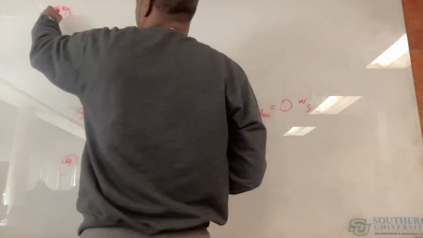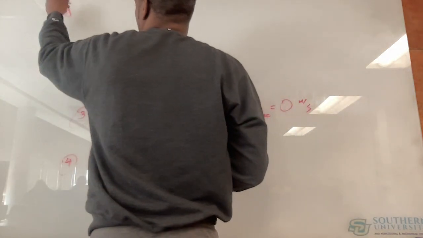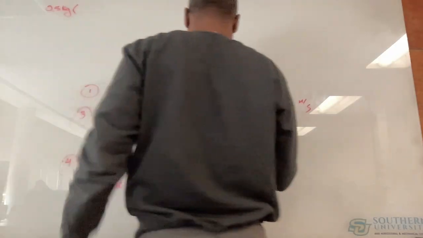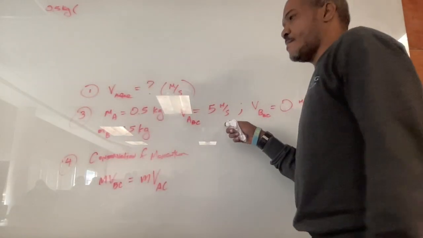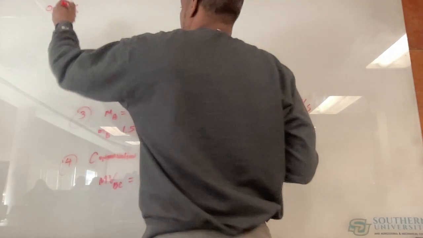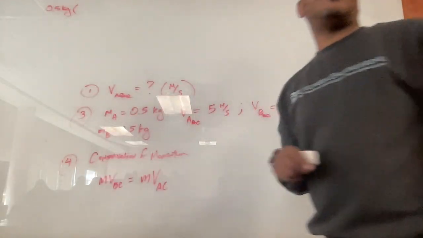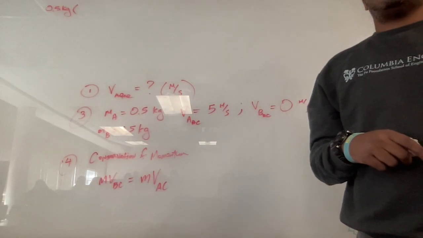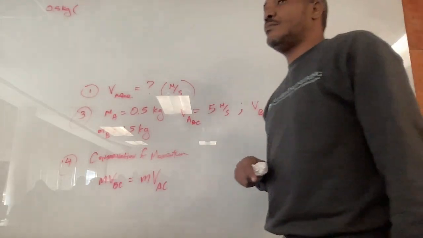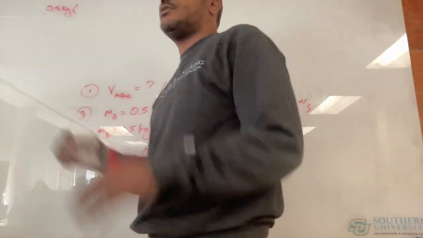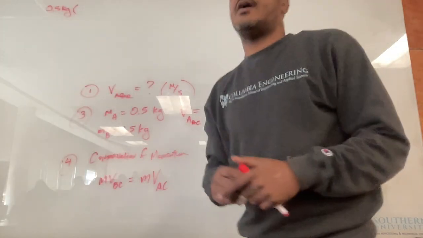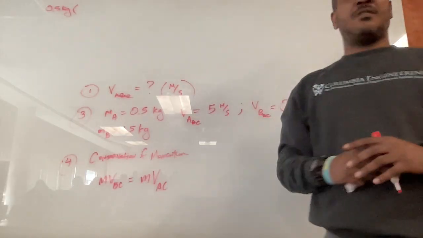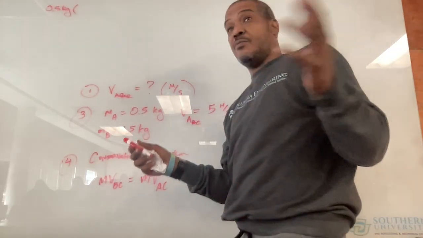So this is mass A, right? Times what? We're going to do the mass of B too. Yes. It's total mass. That's what I said. So before the collision, we still had the mass there. It was just doing what?